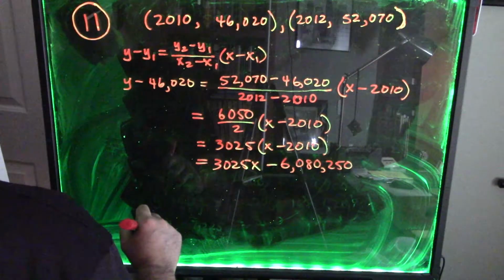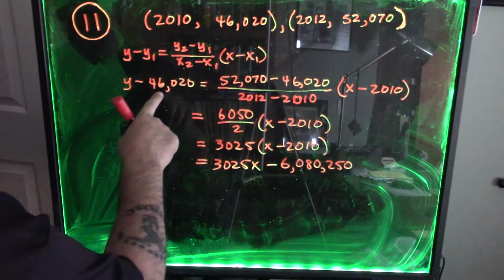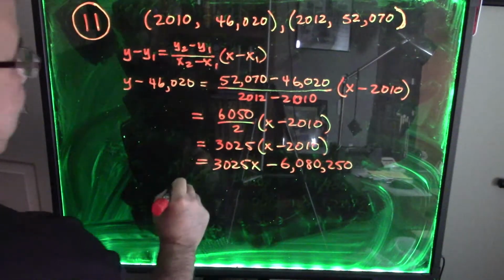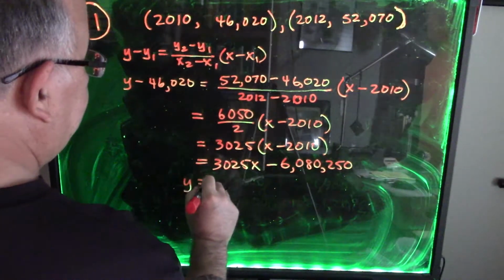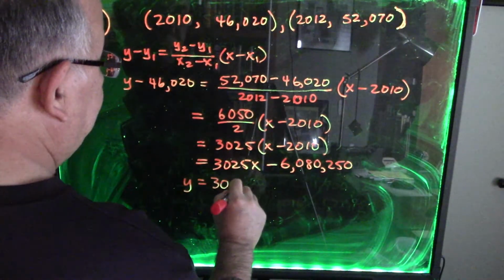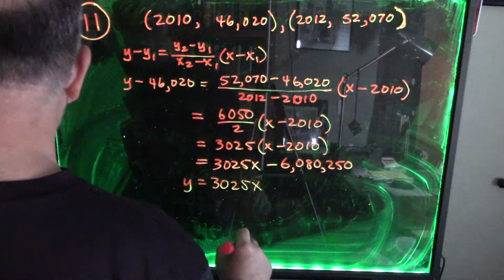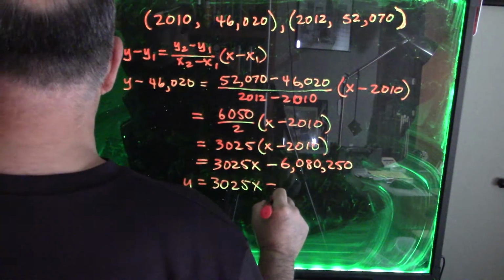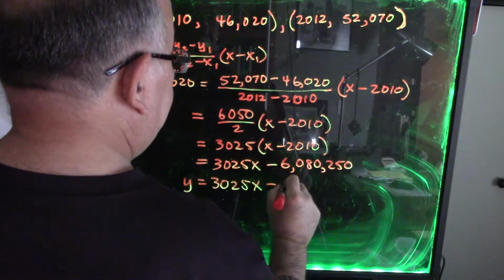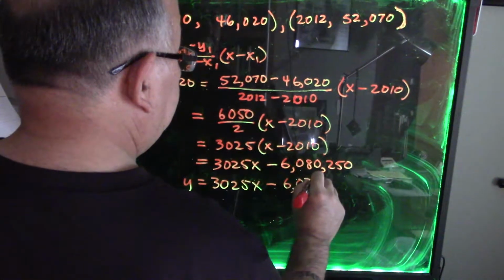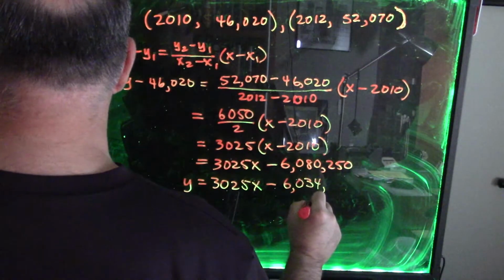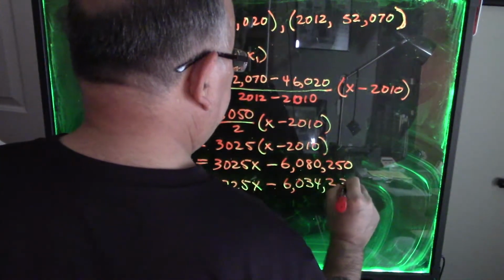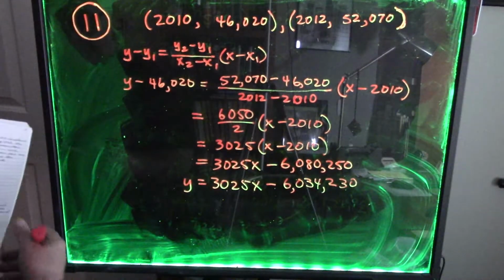All right. And then add 46,020 to both sides and you get y equals 3,025x minus 6,034,230. All right.